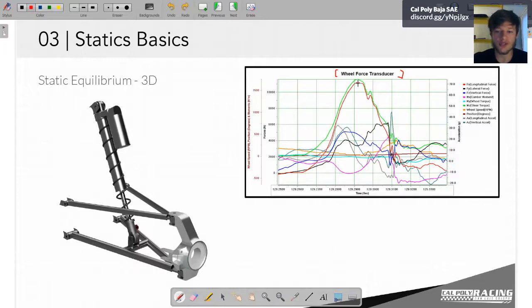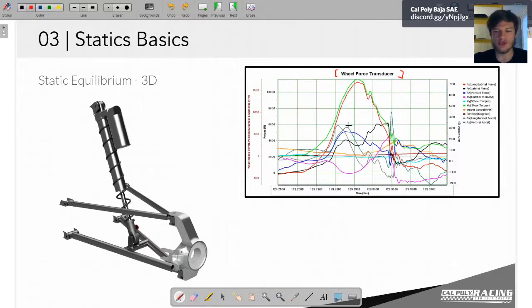For wheel force transducers, we actually measure some voltage for a known system that we know is going to react certain ways based on calibration. So if you ever hear, oh, we used a transducer, there always has to be some qualifier in front of it to say what it's measuring.